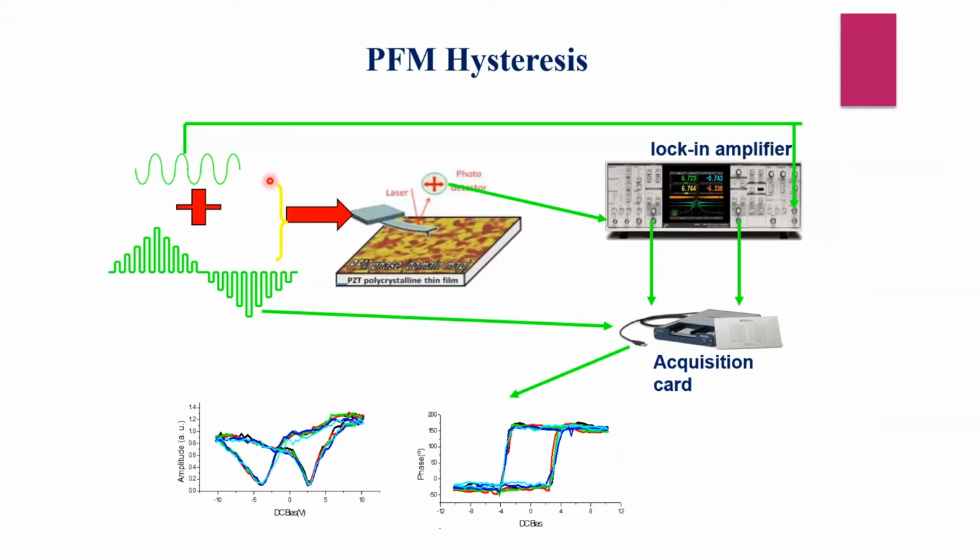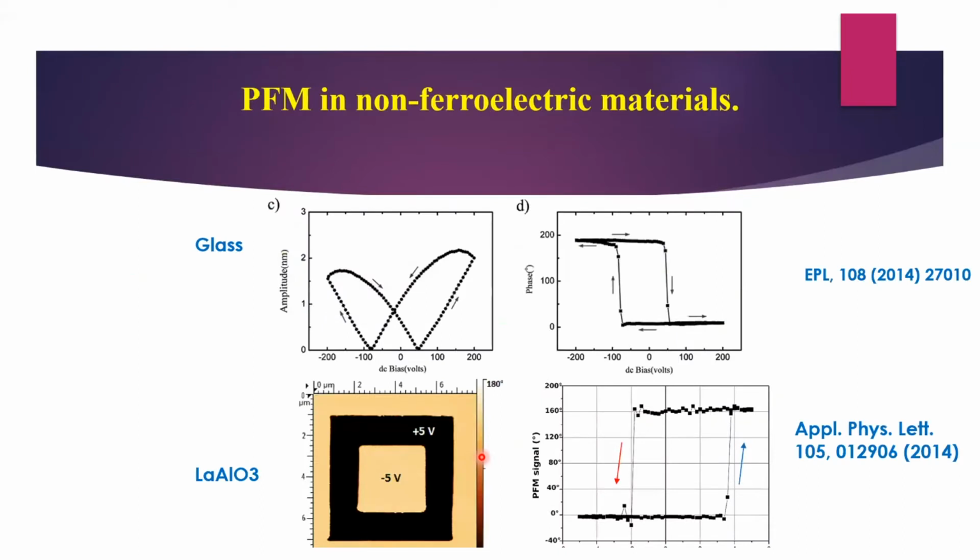In this technique, you use the same AC bias, but we add another signal, a DC signal like this, and we can obtain these kinds of curves of amplitude and phase. There is an important topic in this technique that was developed in recent years.